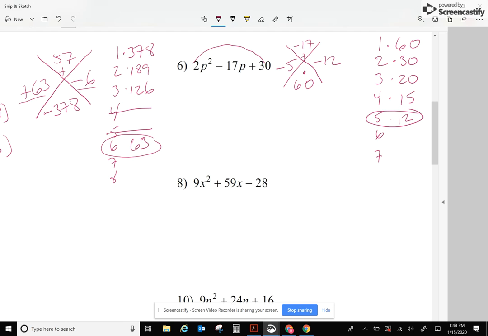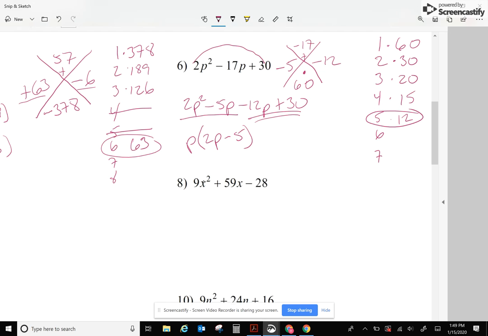So I'm going to split my middle term. I'm going to go 2p squared minus 5p minus 12p plus 30. Looking at the first 2 terms, I'm going to divide each by p. So that gives me 2p minus 5.